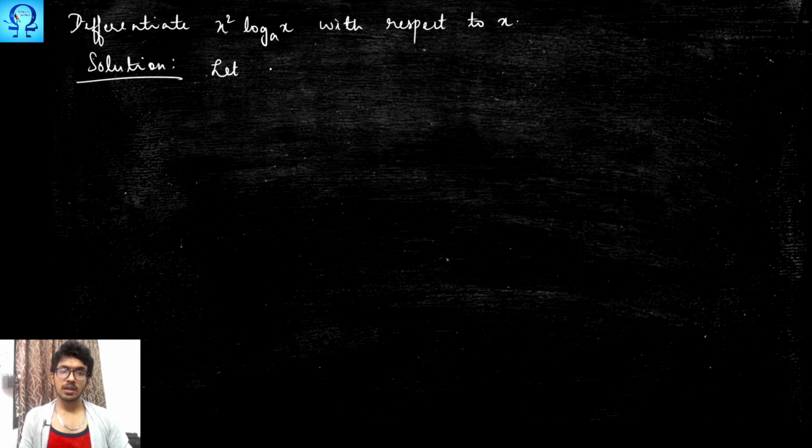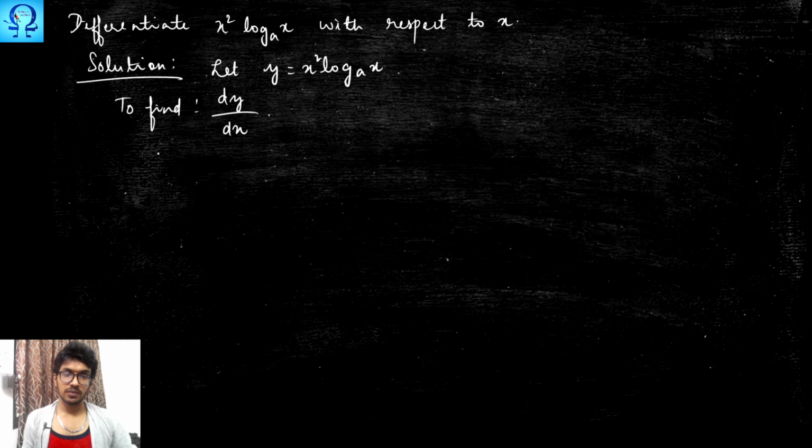Let us take y to be x squared times log x to the base a, and here we need to find out dy upon dx. Here we may see that y is a function of two terms, x squared and log x to the base a. Both the functions involve x.